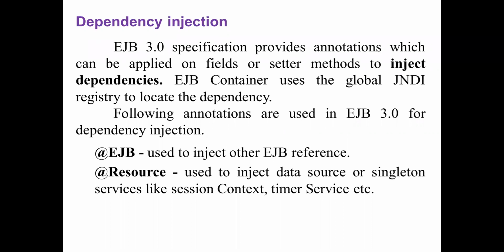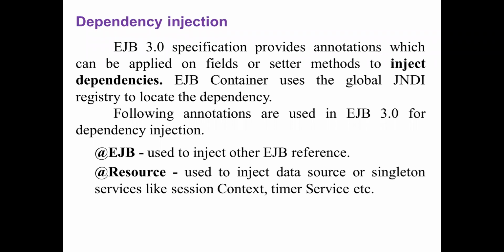In dependency injection, the following annotations are used in EJB 3.0. One is @EJB. When you go for an annotation, we use the @ symbol, which we call an annotation. There are two types of dependency injection in the EJB 3.0 specification.